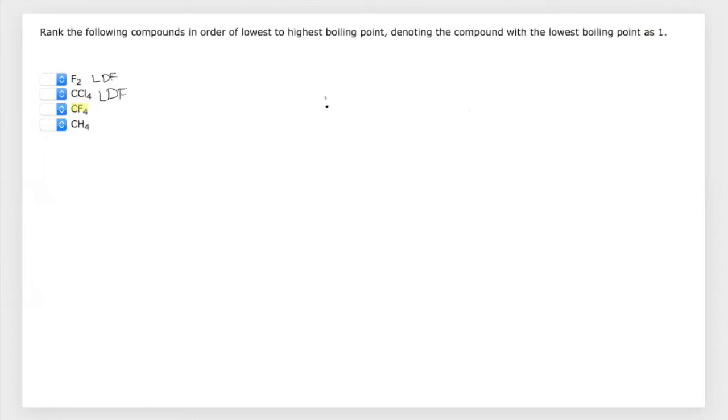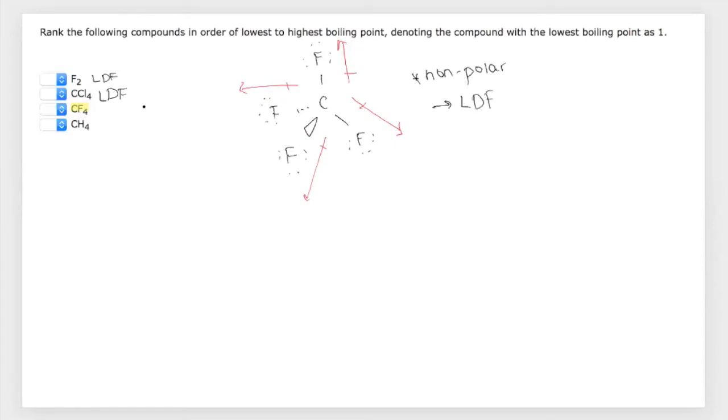CF4 will look very similar. We just exchanged one halogen for another, so we'll have all 4 fluorines bound to the carbon in a tetrahedral geometry. As we just saw before, all these fluorines pull electron density away from the carbon to the same magnitude. They cancel out, and this also ends up being a nonpolar molecule. This also only has London dispersion forces.